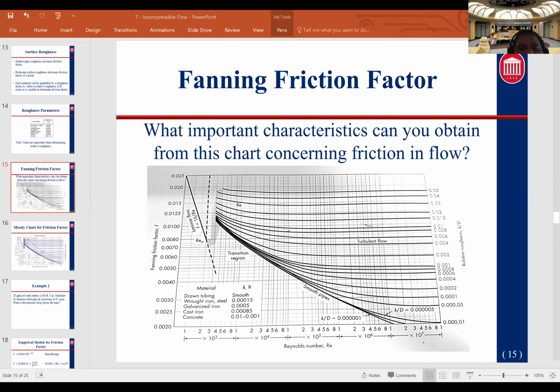Once again, these aren't going to be super exact values, which I can understand could be quite frustrating. And now that we have that friction factor, we can then solve for our frictional dissipation.